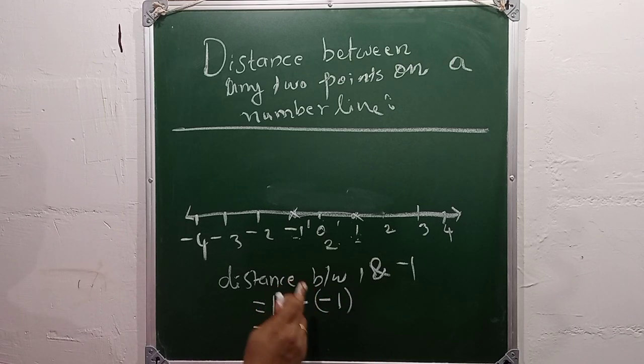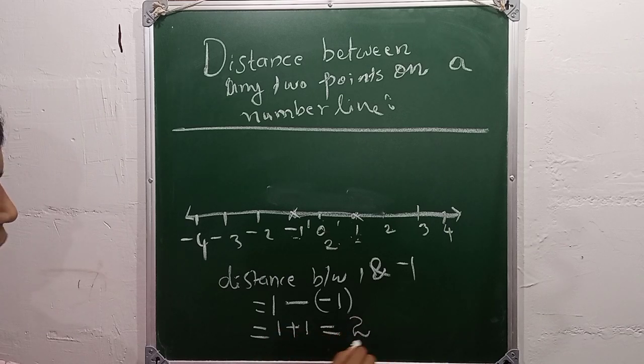What about 1 minus minus 1? 1 minus minus 1 is equal to 1 plus 1. What is 1 plus 1? 1 plus 1 is equal to 2. This is how we find out the distance between any 2 points on a number line.